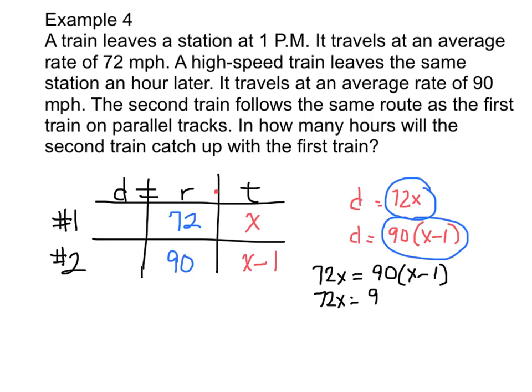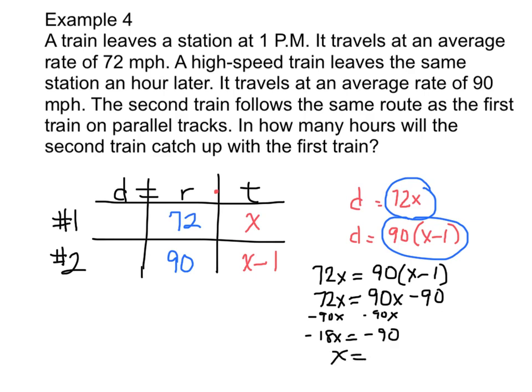We distribute the 90, so we're going to get 90x minus 90. I'm going to subtract 90x on both sides. 72x minus 90x gives me negative 18x, equals negative 90.